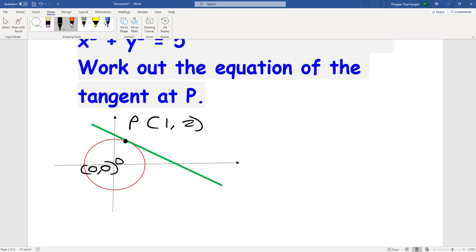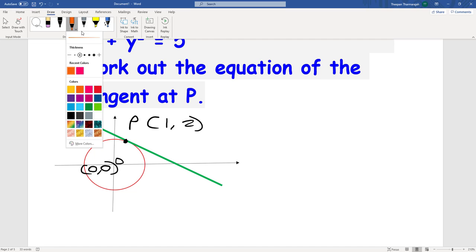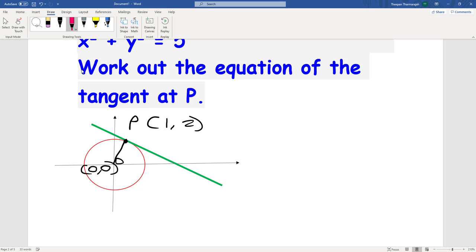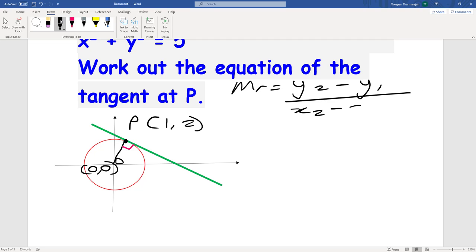So remember that we want to find the gradient of the radius. So you can draw the radius line here. That's the radius, and this is perpendicular to this tangent line. So let's work it out. We can say MR is y2 minus y1 over x2 minus x1.